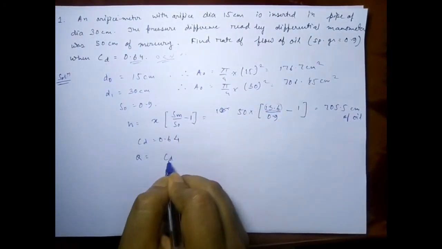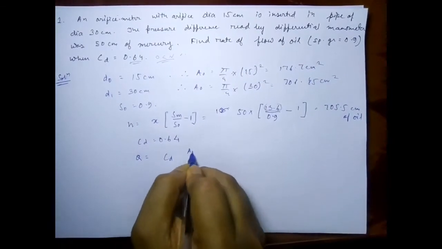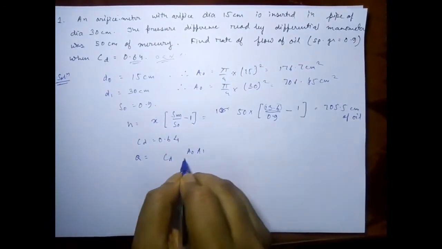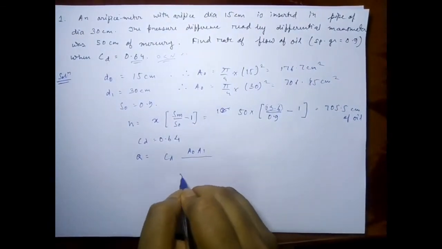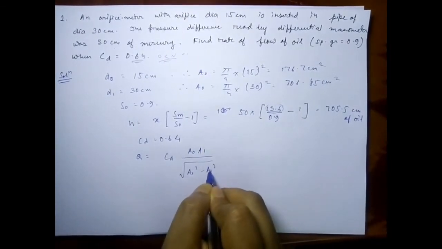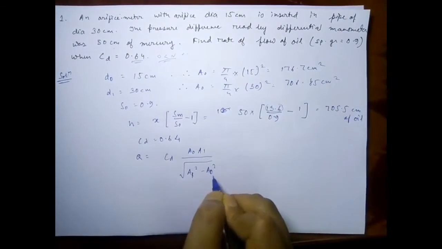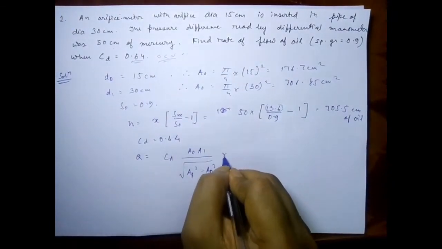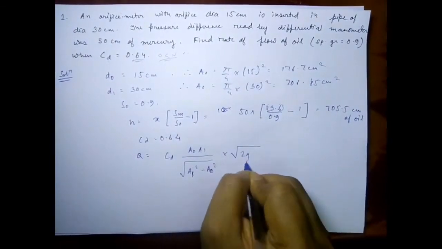Q is equal to CD times A0 A1 upon square root of A1 square minus A0 square, times root 2 GH.